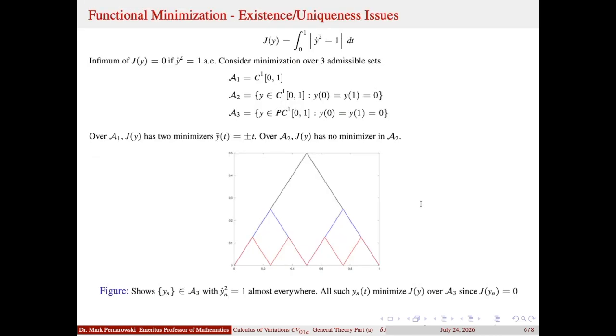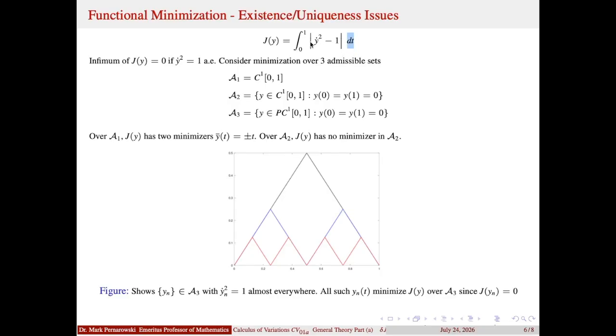Existence and uniqueness. Okay, so this is a typical kind of thing you get in calculus. We're going to do it in one slide for functionals. In this example, the functional J of y is going to be the integral of the absolute value of y dot squared minus 1, dt.